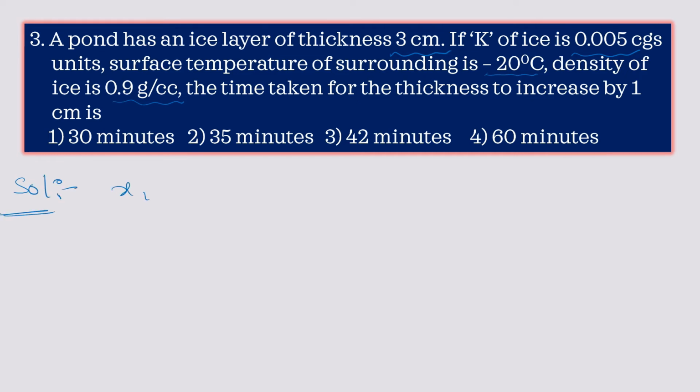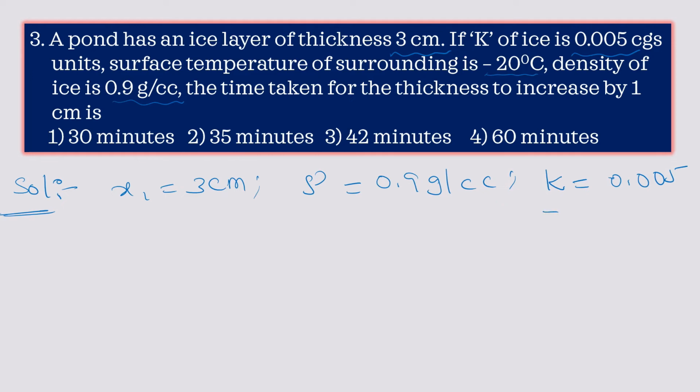Given x1 is equal to 3 centimeters and here density of ice rho is given as 0.9 gram per cc and conductivity K is equal to 0.005. This is in CGS units.